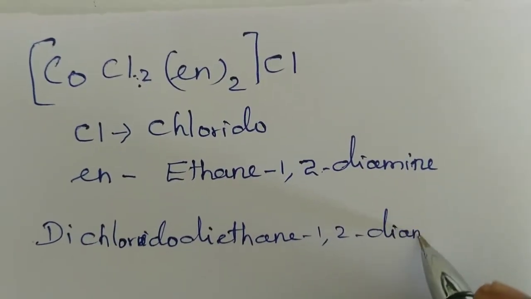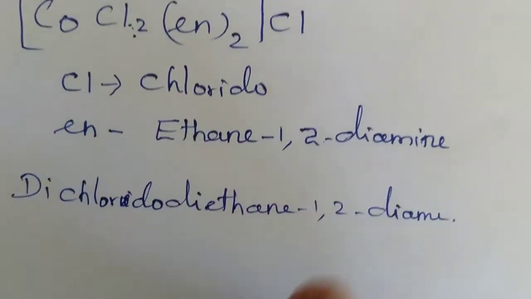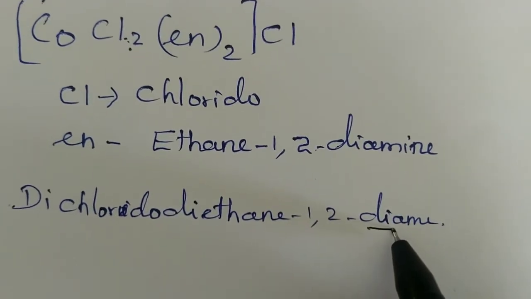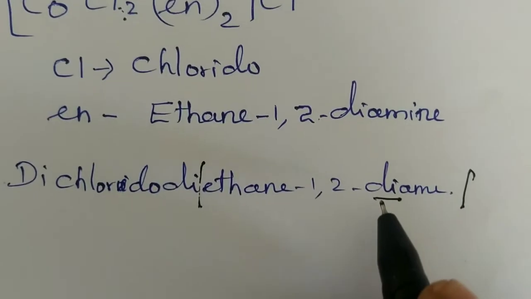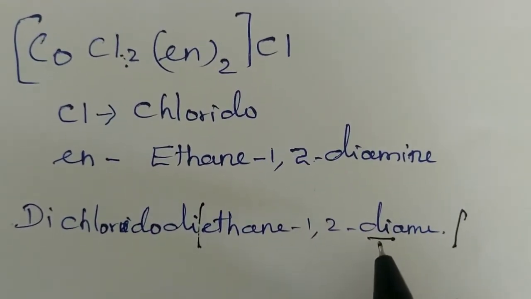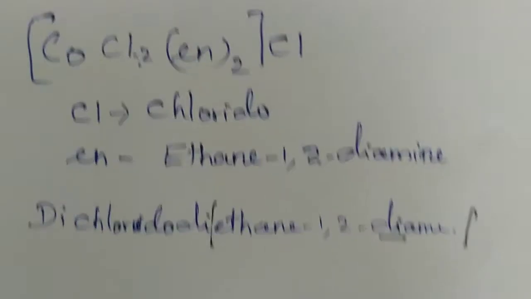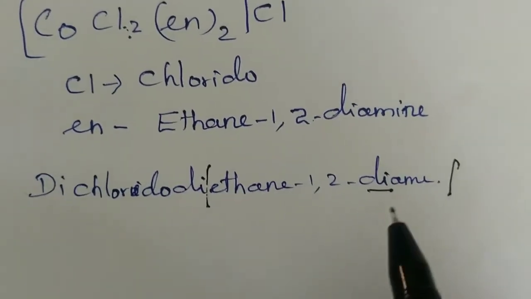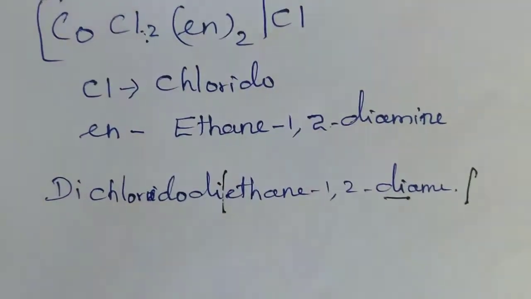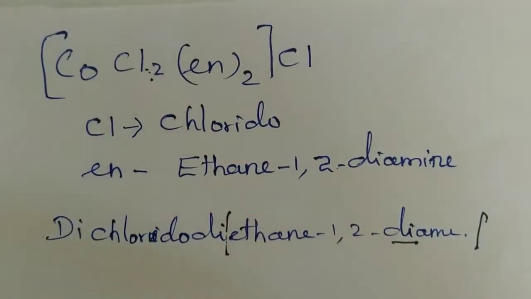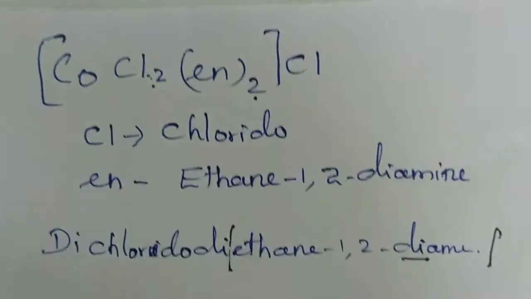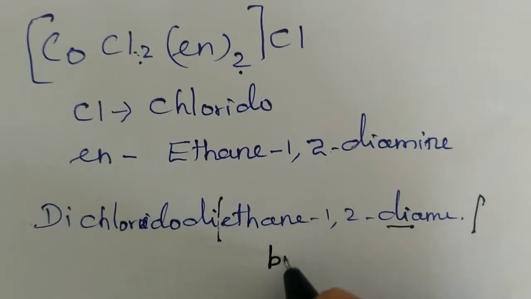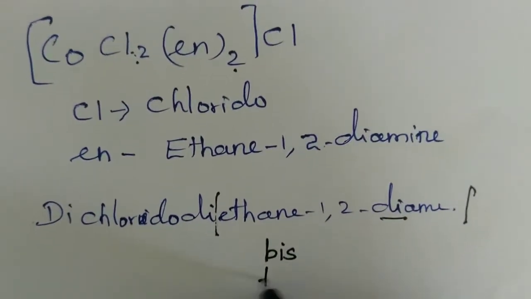But the problem is, the name ethane-1,2-diamine itself contains di. If such a word, like di, tri, tetra, is present inside the name of the ligand, then the repetition of that ligand is represented by the words bis, tris.